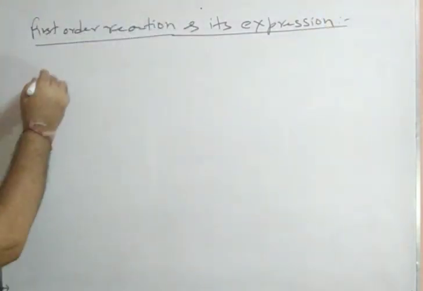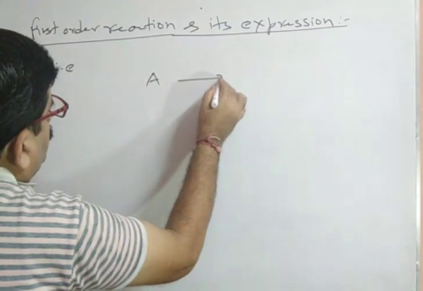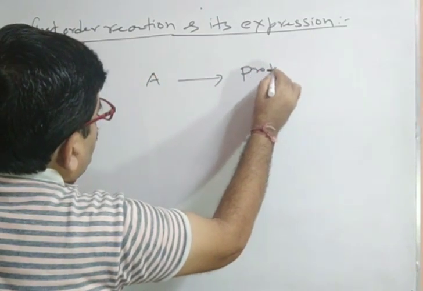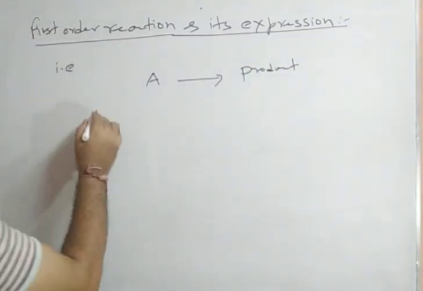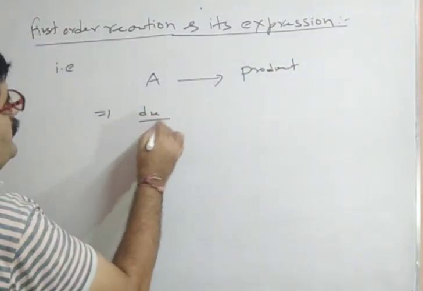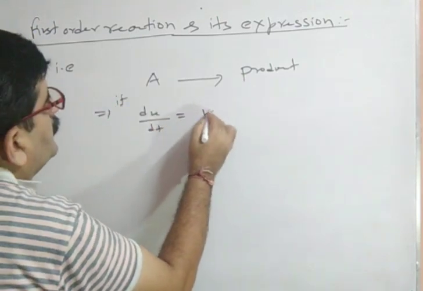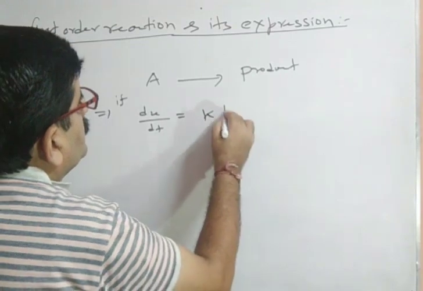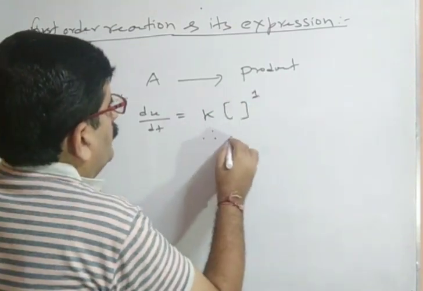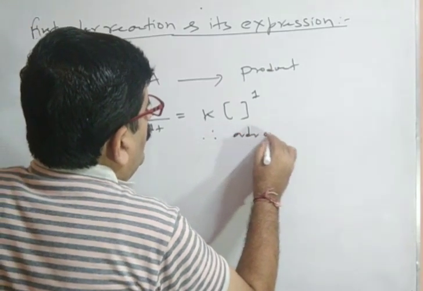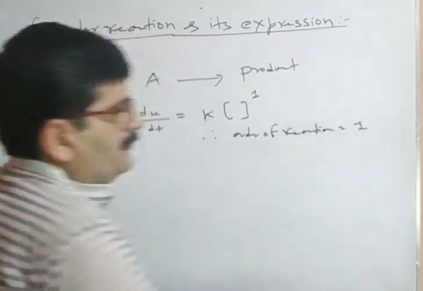Let us consider the following general chemical equation: A converted into product. If dx by dt is equal to k concentration to the power 1, therefore order of reaction is equal to what? 1.